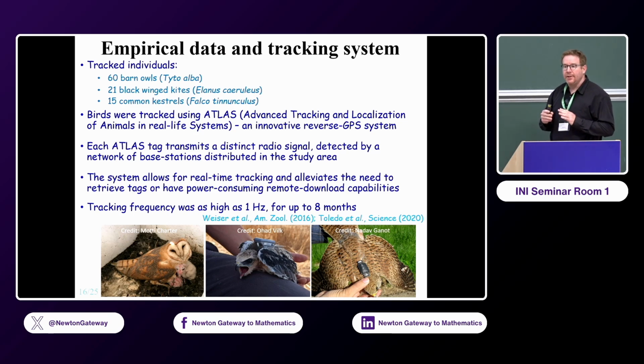So this allows this device to maintain its functionality for a very long time, for up to 8 months, even a year, with a broadcasting frequency of 1 hertz, which is amazing in this field, because if you take a regular GPS device, you get a transmission every 5 minutes or something like that. It depends whether it is charged or not charged, but the frequency is not even close to this.